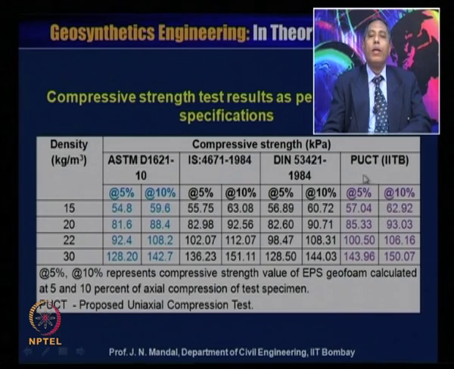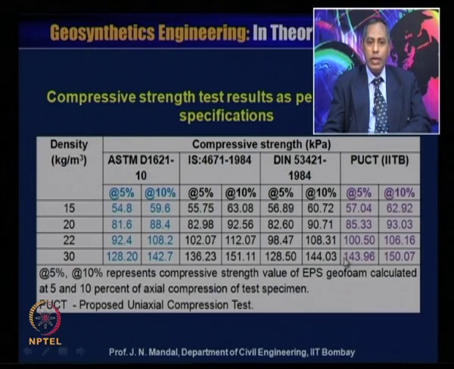And this is the PUCT IIT Bombay, that is the proposed uniaxial compression strength value. At 5% strain it gives 57.04 when the density is 15 kg per meter cube. When density is 20 kg per meter cube then compressive strength value at 5% is 85.33, and when it is 22 this is 100.50.